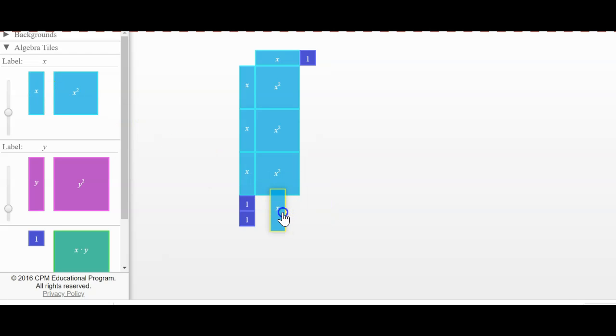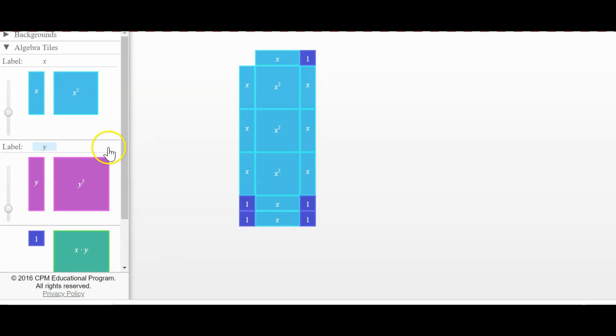And then 1 times x is going to give me x, then another x. Over here we have 1 times x, which gives me x. All the way down several times. And then you've got 1 times 1, which gives me 1. And 1 times 1 again, which gives me 1.